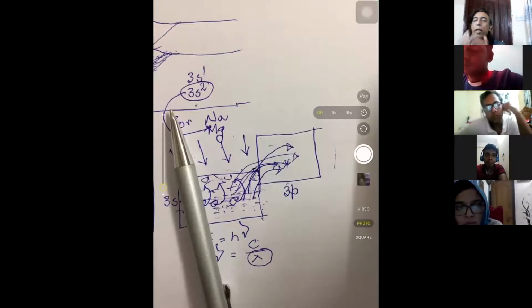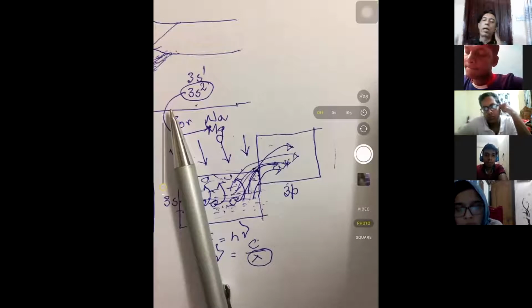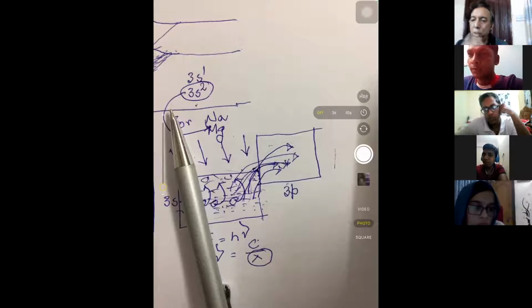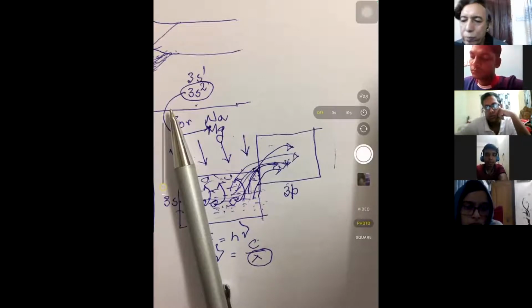And we can see the light, which we call reflection. So maximum metals can reflect the light.